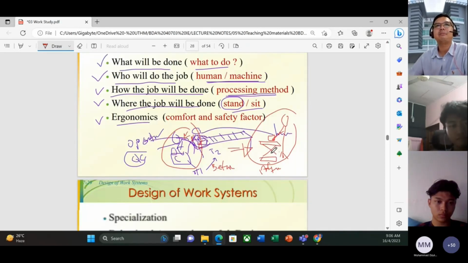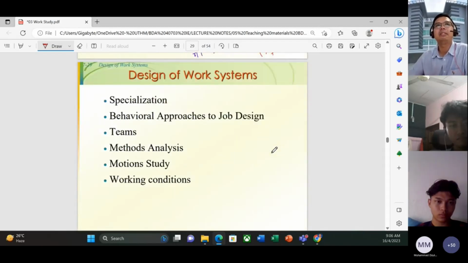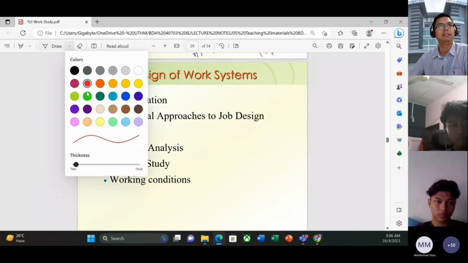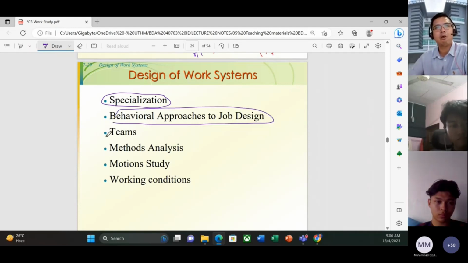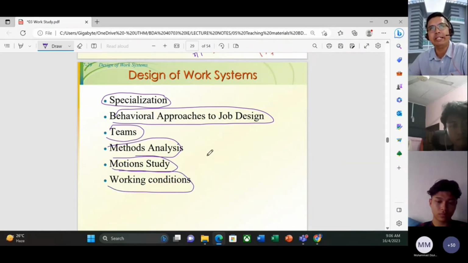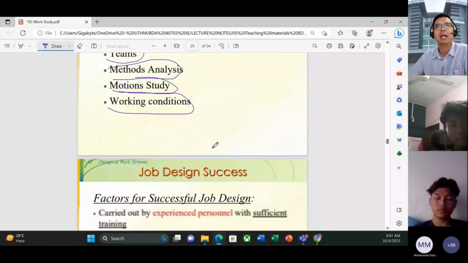Okay, this is an example. How do we design a work system? According to this, look at whether the job is specialized, focus on one thing, or a behavioral approach to the job design, or another team involved, or method analysis, or motion study, and working conditions. These are considerations when we design a work system.